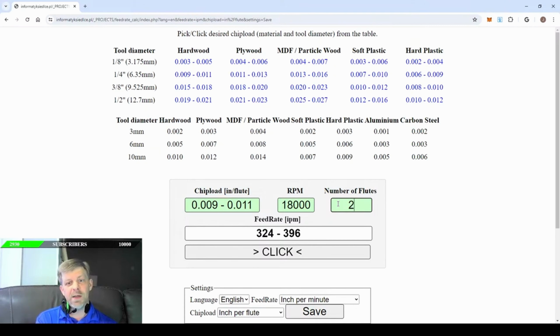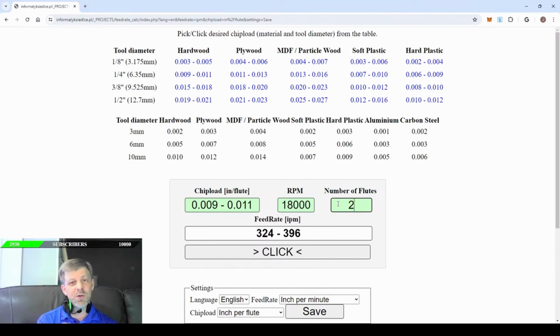Now, the thing to know is that most hobby style CNC, all hobby style CNC machines, cannot produce this feed rate because of the two limiting factors, which is machine rigidity and spindle horsepower. So in hobby style machines, this is the limiting factor, not the bit.